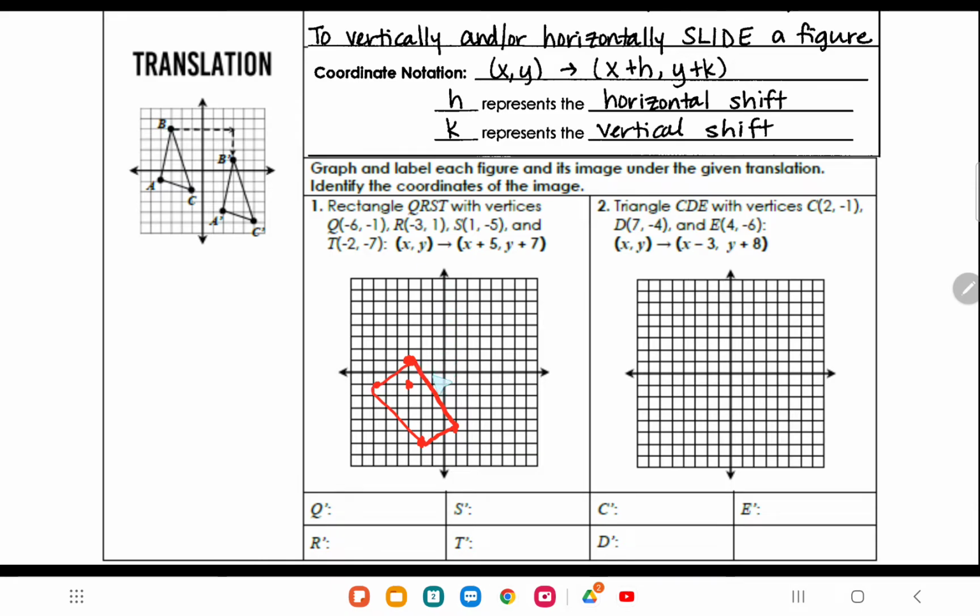It's going to shift 5 units to the right and 7 units up. So each point is going to shift 5 units to the right and 7 units up.